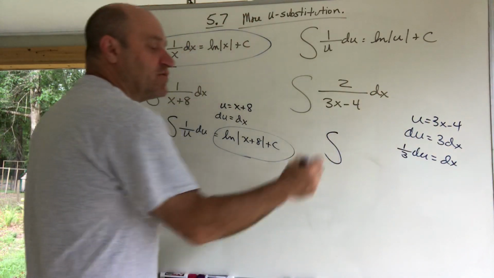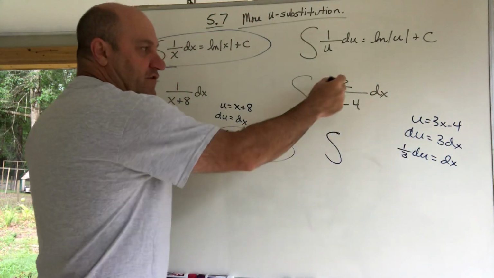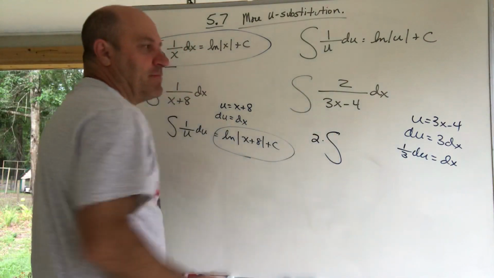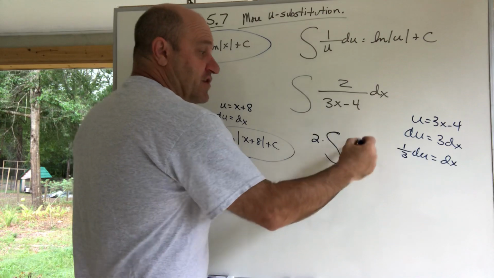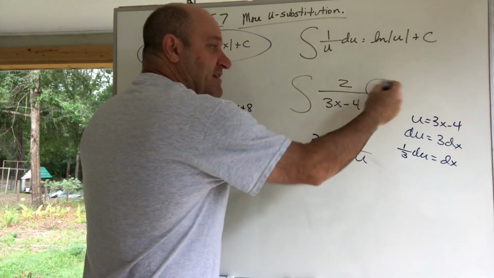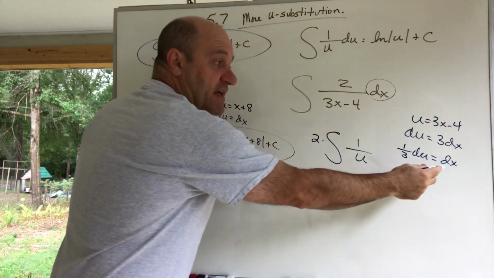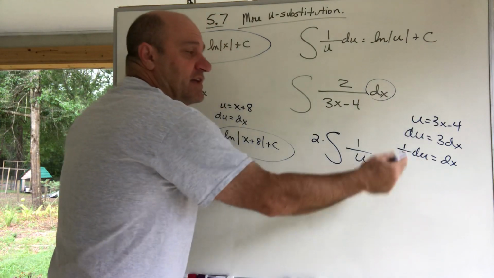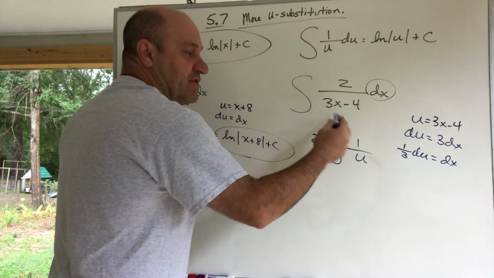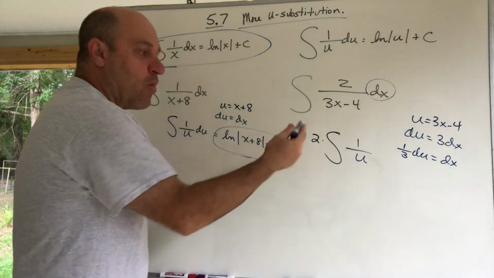So when this one gets replaced, there's the 2 on top. That's a little different than this one. The 2 comes out. That's not a big deal. The denominator is your u, so it's 1 over u. And the dx gets replaced with what it is. And what is dx? It's a 1/3 du this time. Because of that coefficient of 3, it spits out a 1/3.